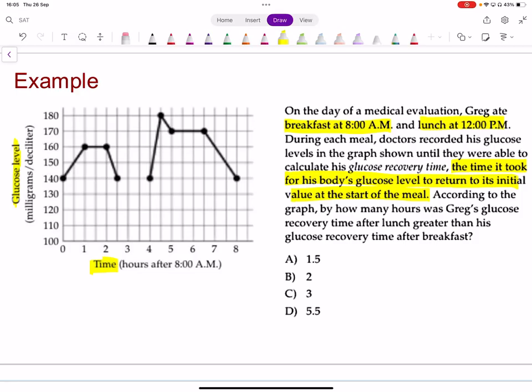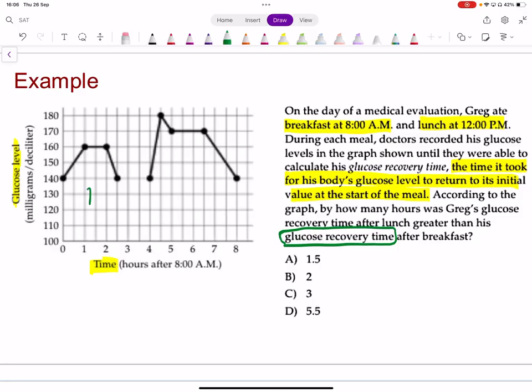So you understand what the graph is telling you? They're trying to see after how much time the glucose level comes back to the initial point, wherever it started from. So before breakfast, after breakfast, when does the glucose level come to the same level again? And they're calling this glucose recovery time.